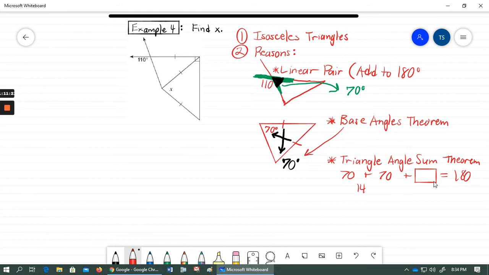So we got 140 plus whatever that third angle is equal to 180 degrees. Subtract 140 from both sides, and this third angle here has to be 40 degrees.